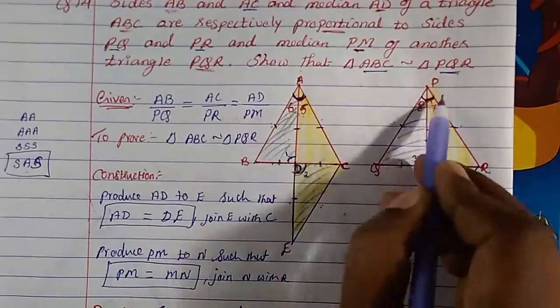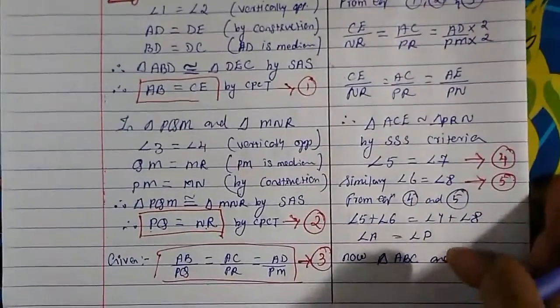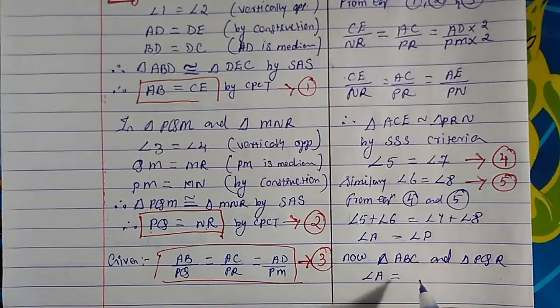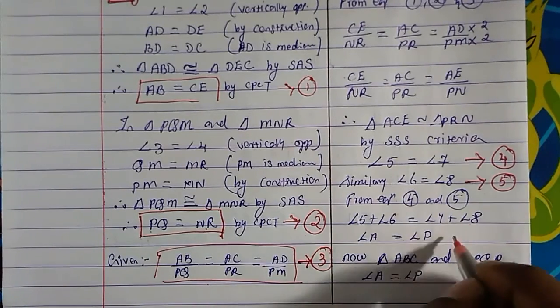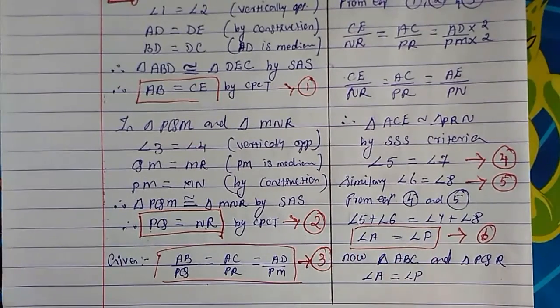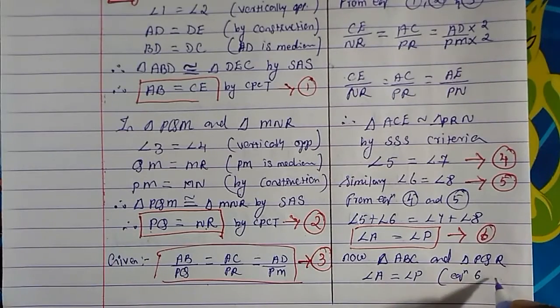In order to prove this, that angle A is equal to angle P, this much procedure we have done. So now we can say in these two triangles, angle A is equal to angle P. You can call this equation 6.